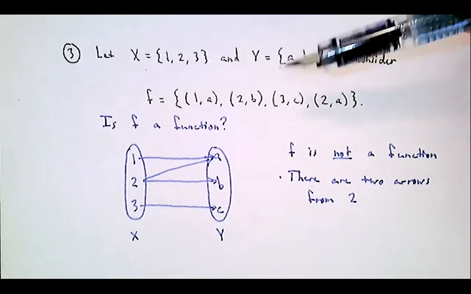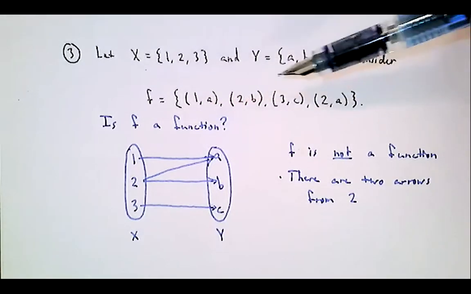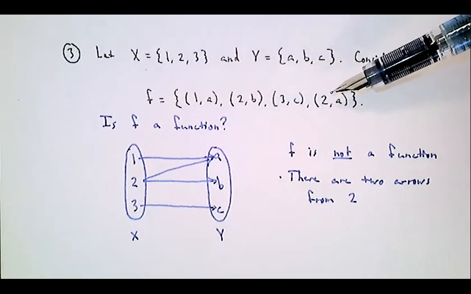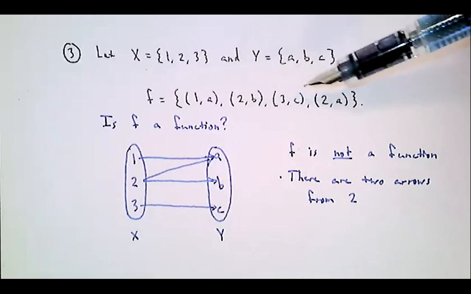And if you look back at the ordered pairs, we can see that there's actually 2 different ordered pairs where 2 is the first element.